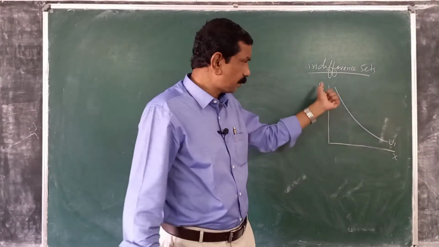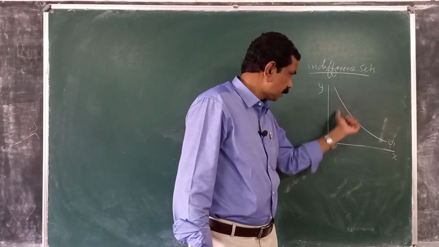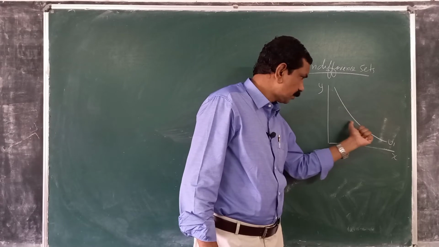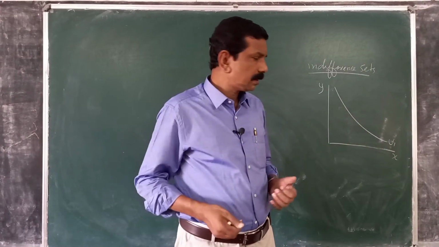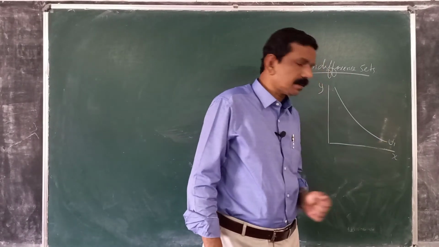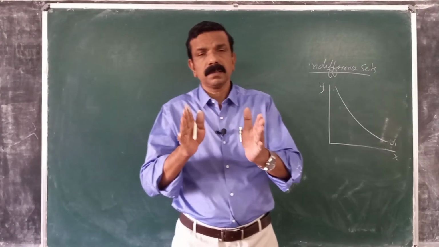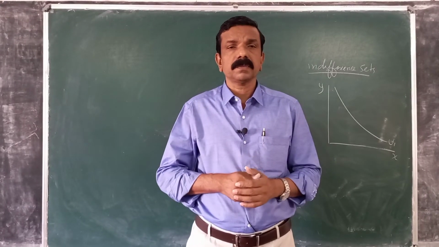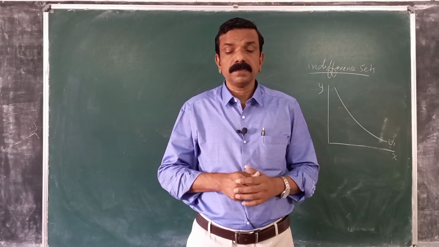The negative slope means that if the consumer gives up some units of y, he must be compensated by some units of x so that he remains indifferent, receiving the same level of utility.